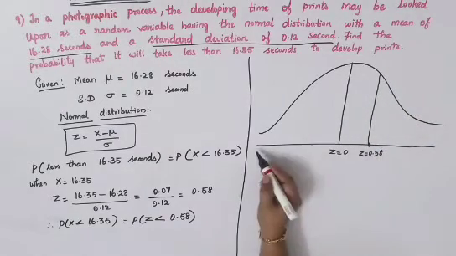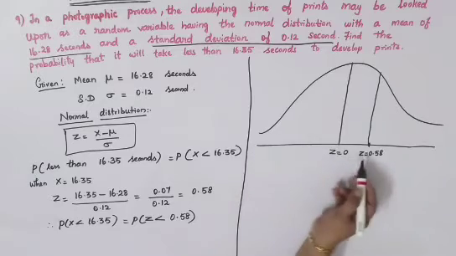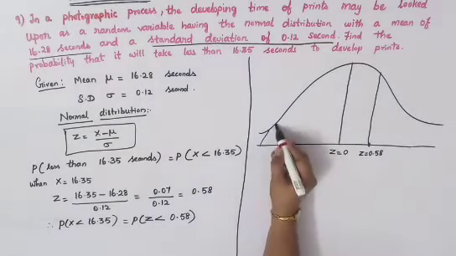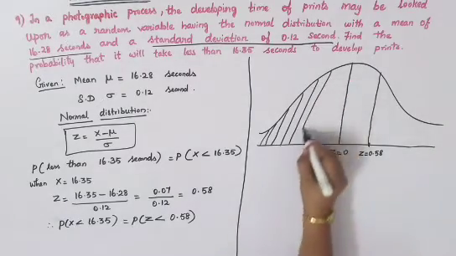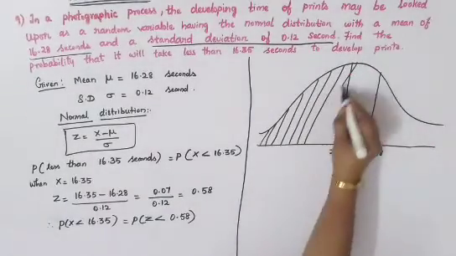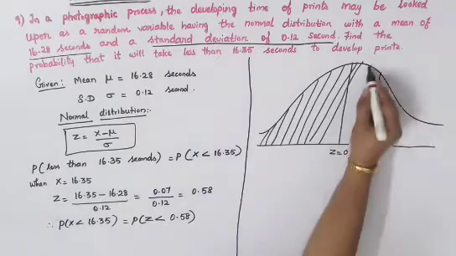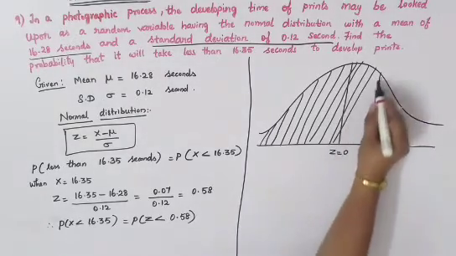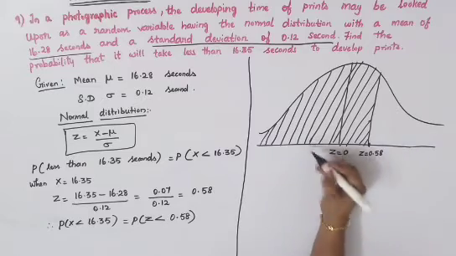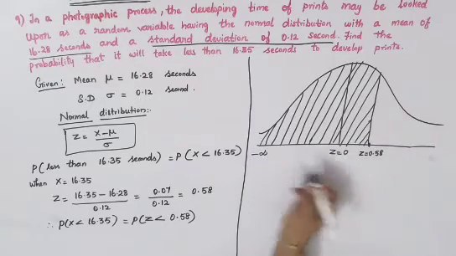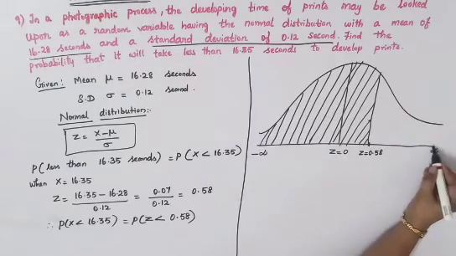This whole part will be less than 0.58, so shade this whole region. This is the region we have to find. Here you have minus infinity and here plus infinity.